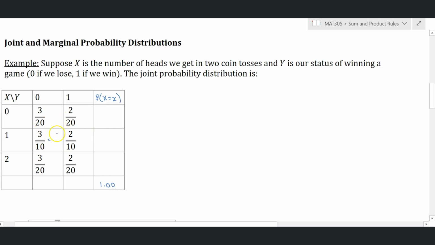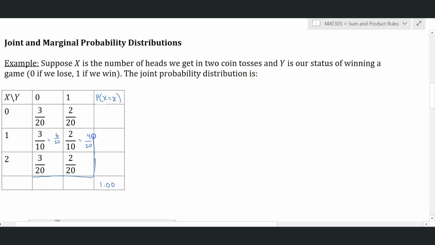And just to convert these fractions, this would be 6/20ths, and this would be 4/20ths. If you add 3 plus 2, that's 5, 11, 15, and 5 more is 20. 20/20ths, that's 100%. So I'm going to put that down at the bottom. That's the grand total of all of these probabilities.